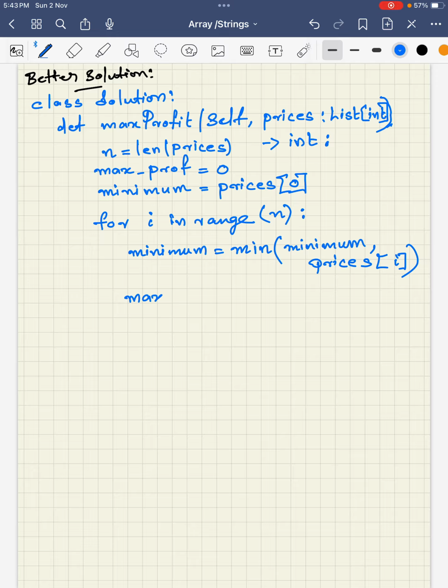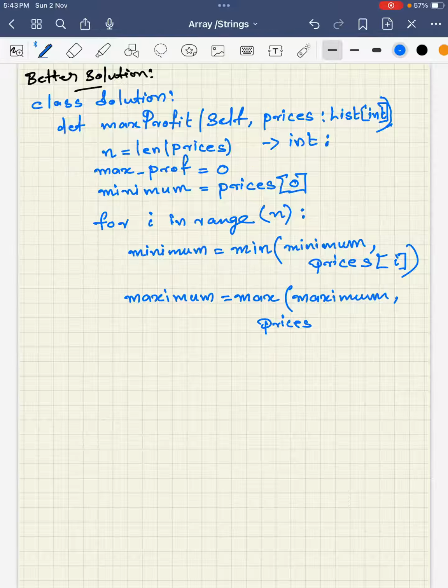and the maximum profit should be such that it is the maximum among the already existing maximum or prices of i minus minimum.